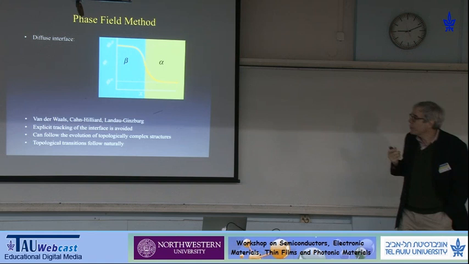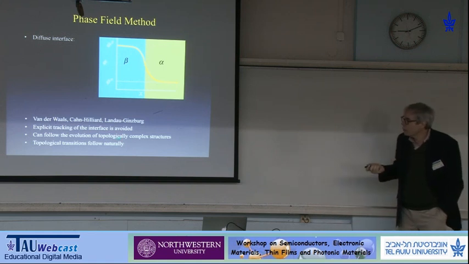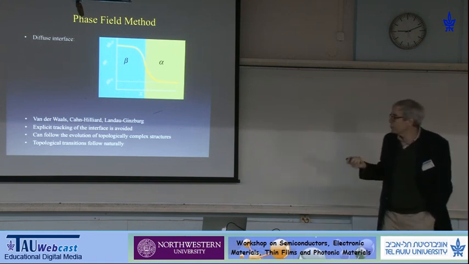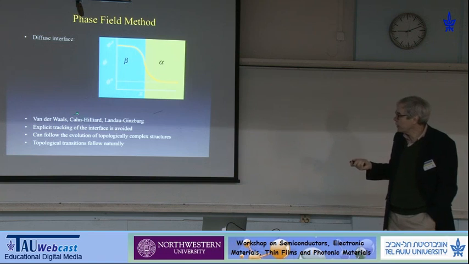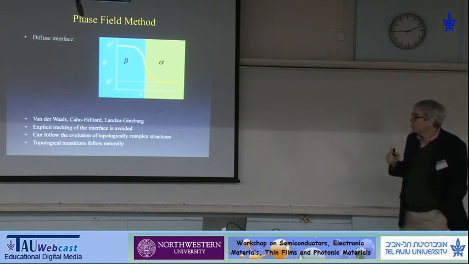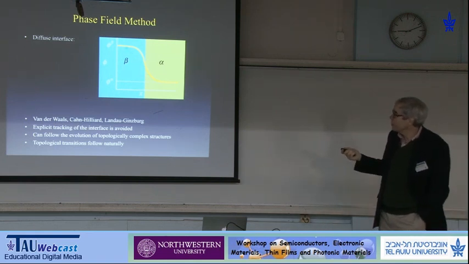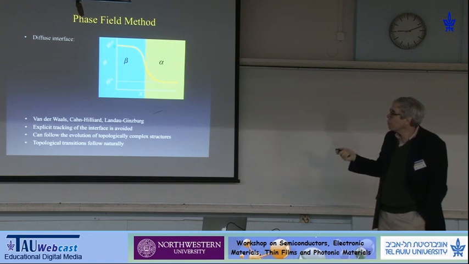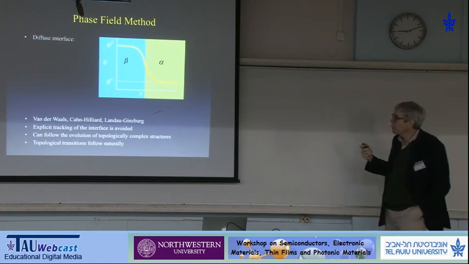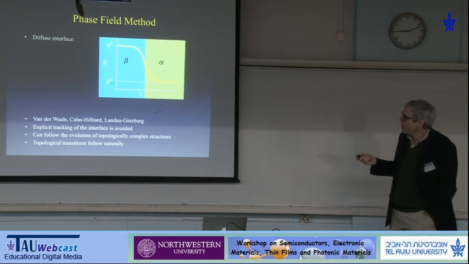And the phase field method goes back all the way to van der Waals, back in the 1800s. Cahn and Hilliard are other famous names associated with this, Landau and Ginzburg in the superconductivity field. And the idea here is very simple. You have two phases, and you have an order parameter or composition, depends upon how you want to view it. I'll call them order parameters.